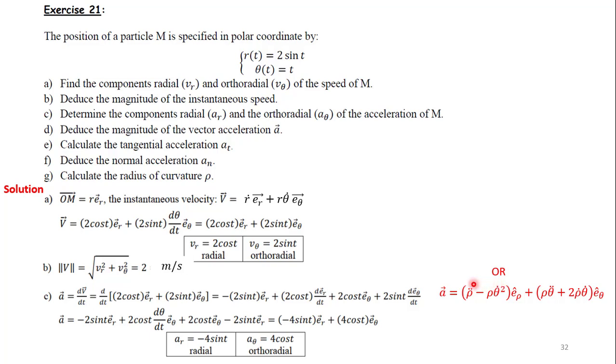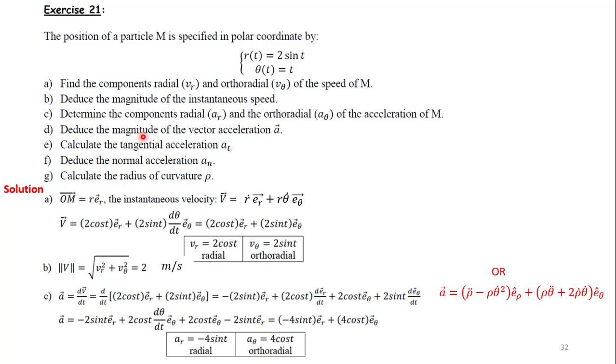Okay, you can use the first method or the second method. Personally I prefer to use the second one. We can finally find Ar, the radial component of the acceleration vector, equals minus 4 sine t, and the orthoradial acceleration is equal to 4 cosine t.